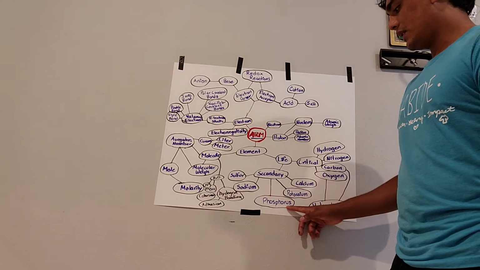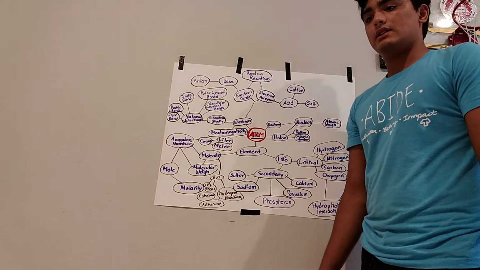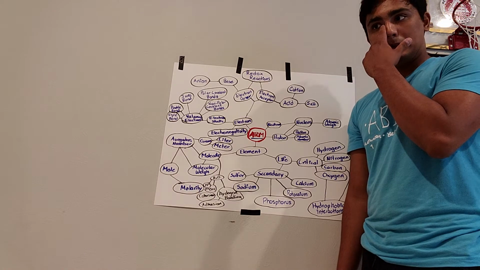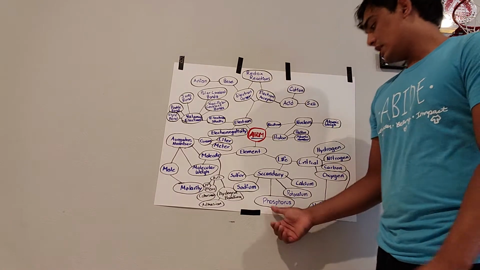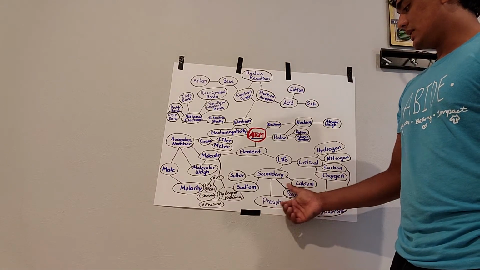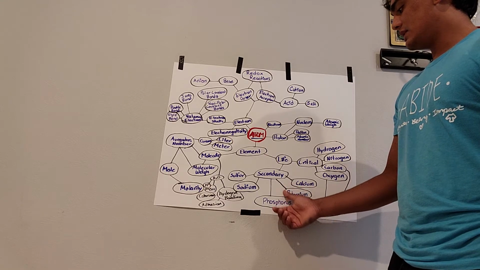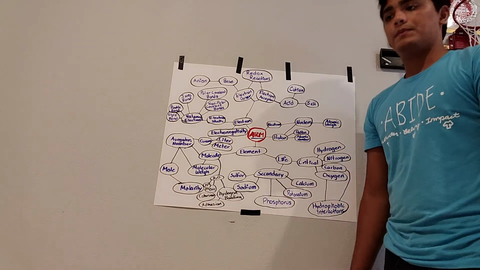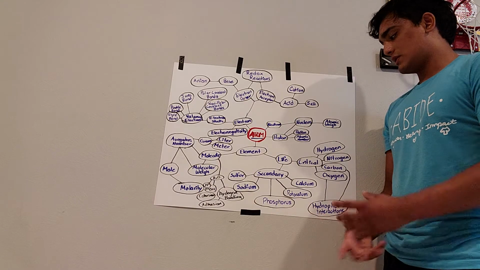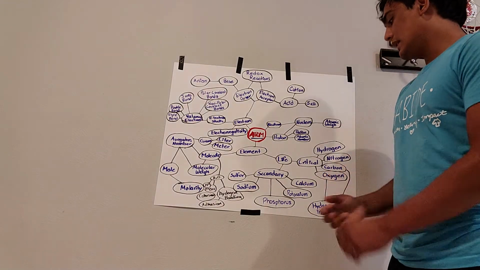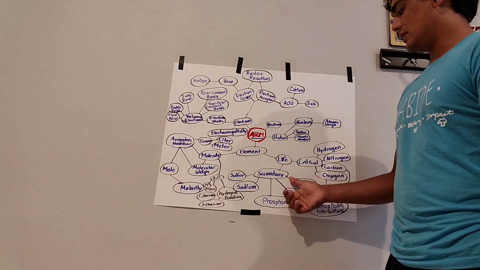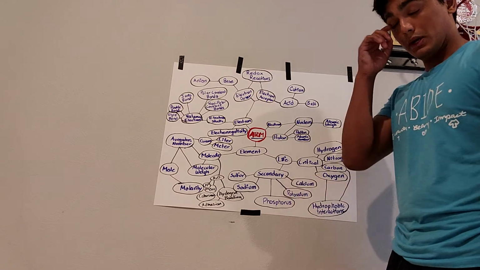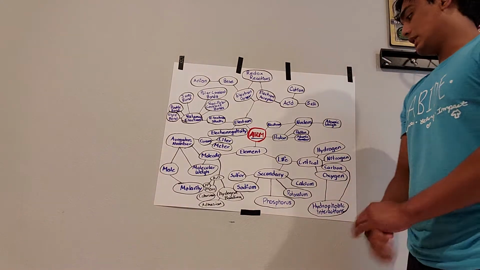You have phosphorus, which is found in molecules like ATP and nucleotides. Potassium, which is a very reactive silvery alkaline metal. It's also very soft at room temperature. And calcium, which is stored in bones for animals.